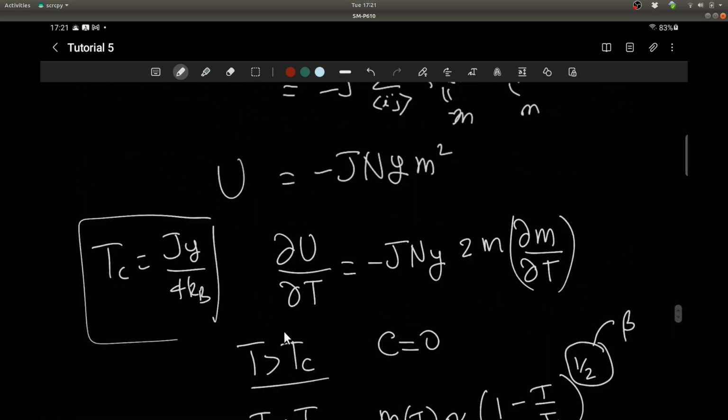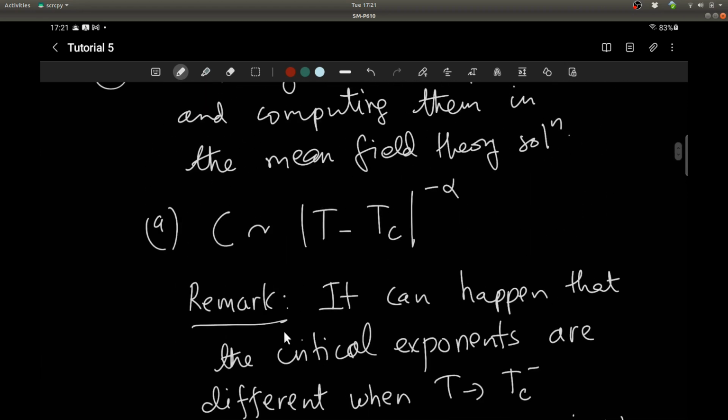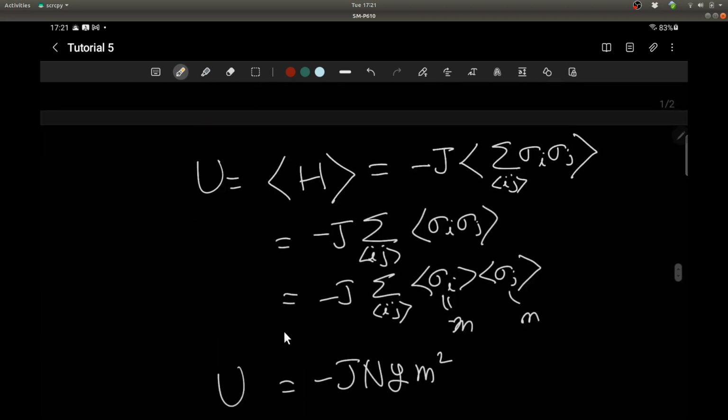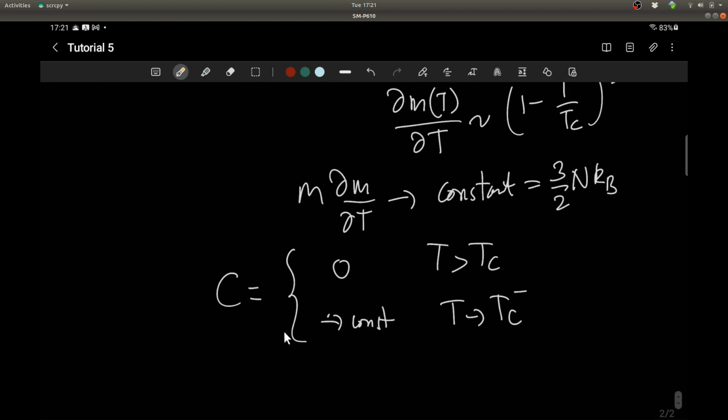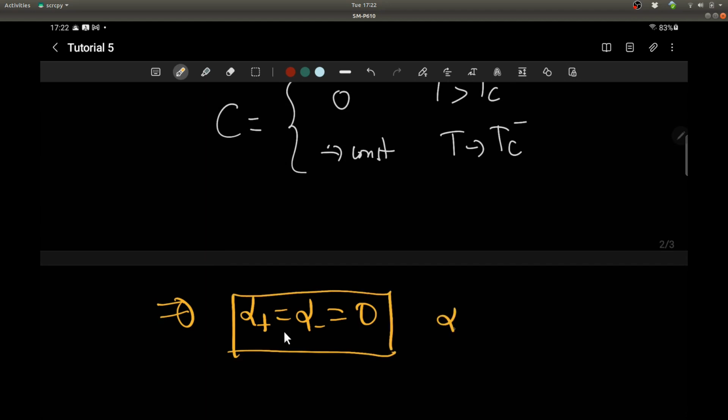You can see that now. Go back to this definition of alpha, which is here. So it goes as constant when it's close to 0. That's only possible if alpha is 0. Is this clear? The logic. This implies that alpha plus equal to alpha minus equal to 0. So we just write alpha.